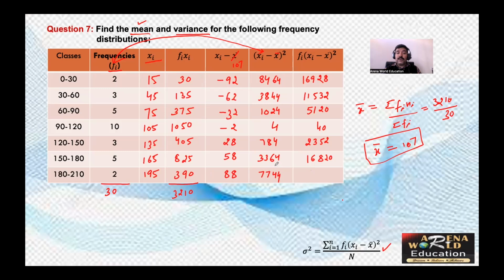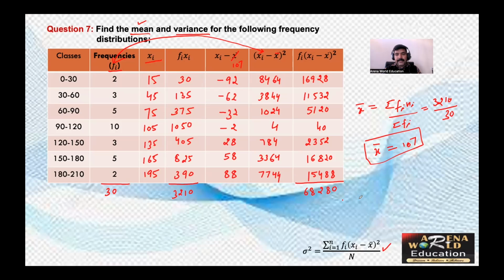This will be equal to 15,488. Now to find the variance, we need the sum of all these values. And what is the sum? It will be 68,280.